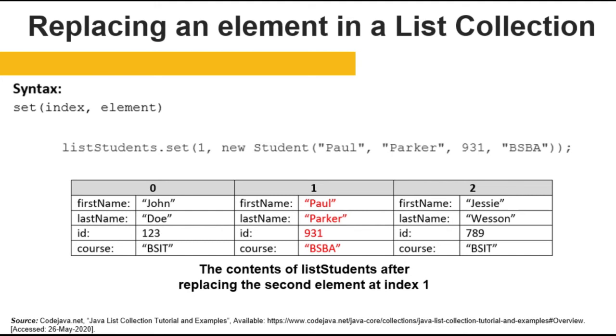That is why we will also replace the current element at index position number 1 with a student object having Paul, Parker, 931, and BSBA as its details. So the contents of the list students after replacing the second element at index 1 is shown in the given table.